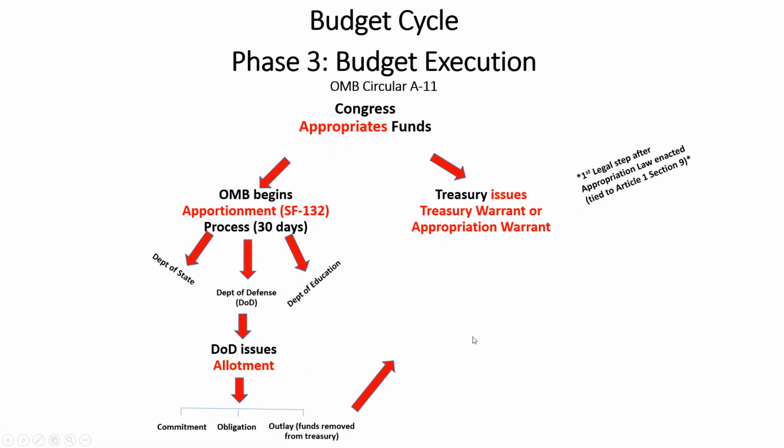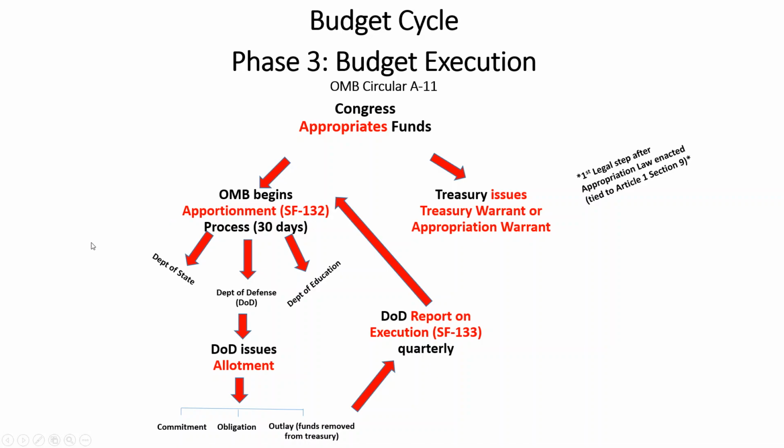DOD also has a requirement to submit an SF-133, which is a report on the execution. Based on the DOD's estimate plan, they have to look at what actually happened, how they actually spend the funding, and an SF-133 must be submitted quarterly to OMB to report on execution.